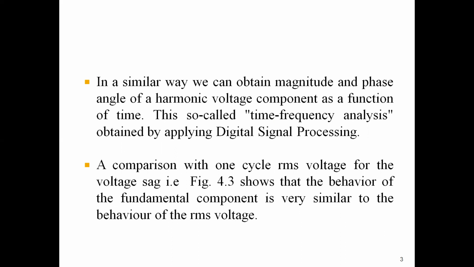A comparison to the one cycle RMS voltage for the voltage sag, which we have seen in the previous discussion, shows that the behavior of the fundamental component is very similar to the behavior of the RMS voltage. So for the fundamental voltage, in mathematical form, the fundamental component as a function of time is 2 by T, integration from t minus T to t, of v of tau times e to the power j omega tau.